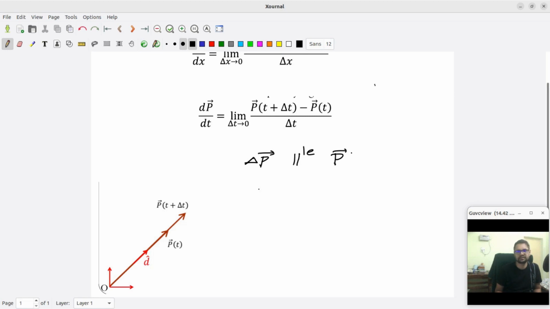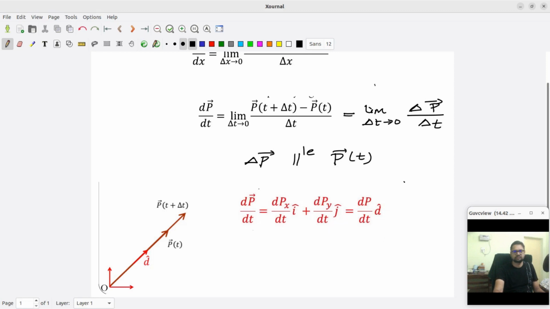So delta P by delta t, as limit delta t tends to 0, dP by dt is simply dP by dt times d cap, which is simply the change in magnitude while the direction remains the same.